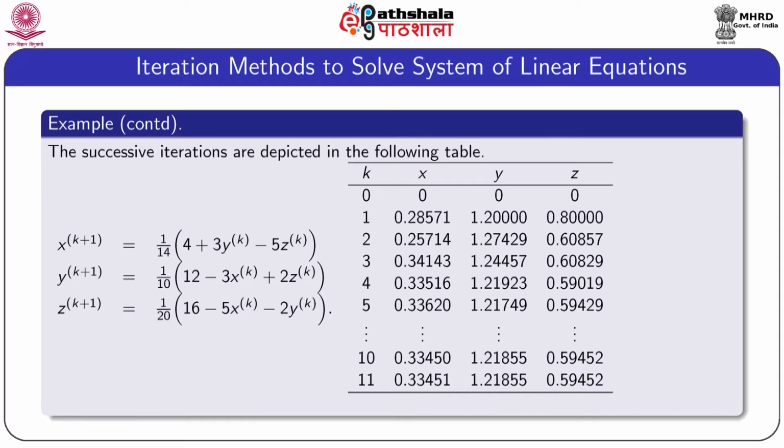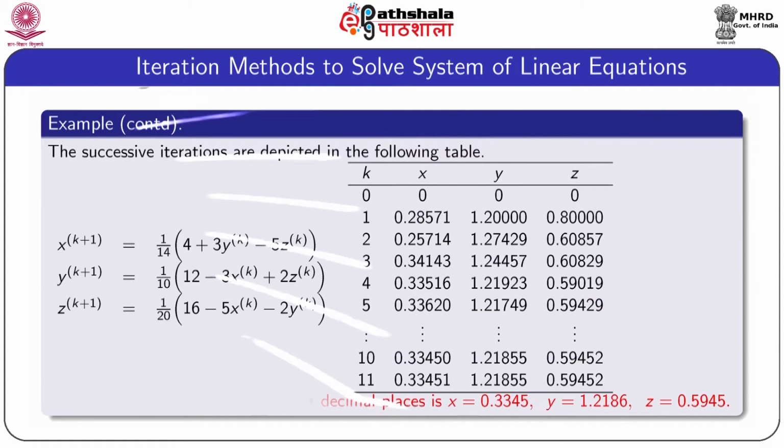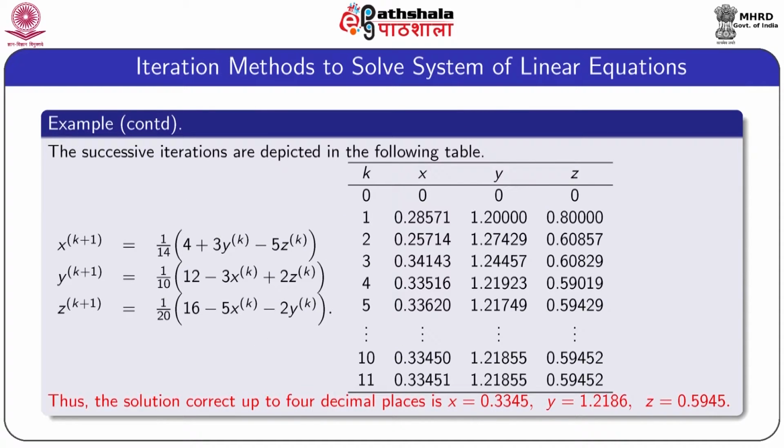So we can conclude that the iteration scheme converges to the desired solution, and the solution of the system of equations is x equal to 0.3345, y equal to 1.2186 and z equal to 0.5945, and it is correct up to 4 decimal places. This is the final solution obtained by Gauss-Jacobi's iteration method.